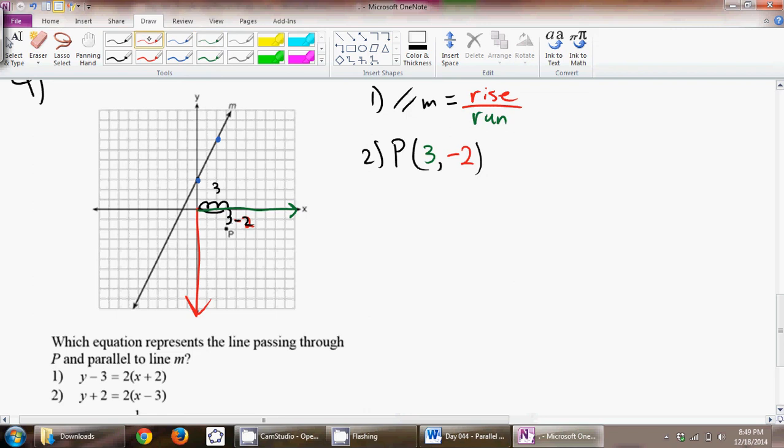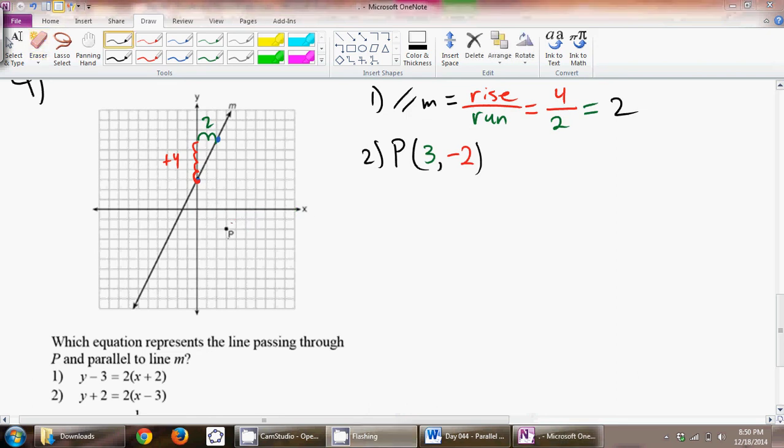So my rise, doing it in red, is 1, 2, 3, 4. That's positive. It's going to be 4 over, and my run is positive 2. Well, we know that's simply 2 over 1. So my line has to have a slope of 2, and it's got to pass through this point.